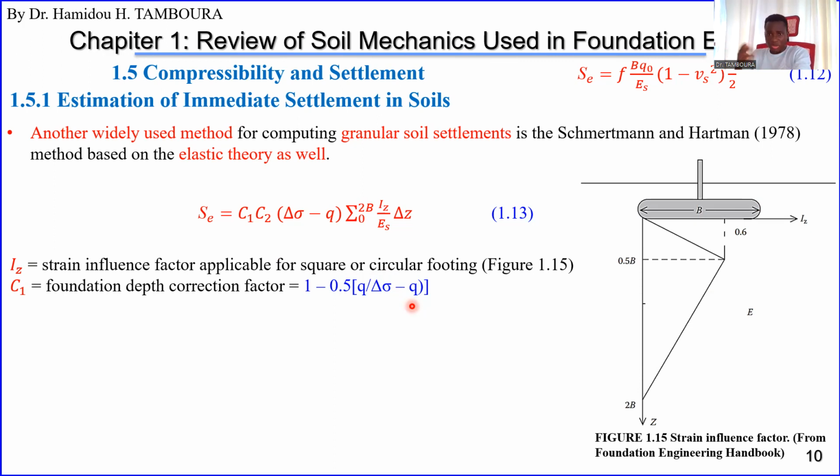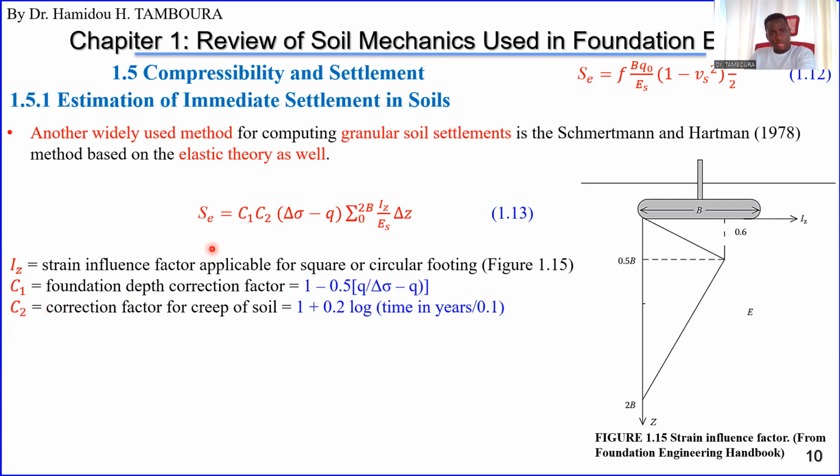That one is very simple, just gamma times Z, where the stress in soil, gamma total stress, so gamma multiplied by Z, you get this one. And q is the same q here.